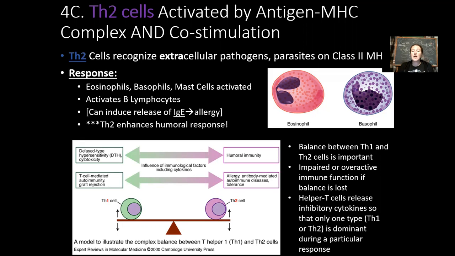T helper cells can also release inhibitory cytokines so that only one type is dominant during a particular response. And again, this is your body determining that, you know, pollen is really scary, right? We don't want this in our body. And so we are going to dominate the response to pollen.